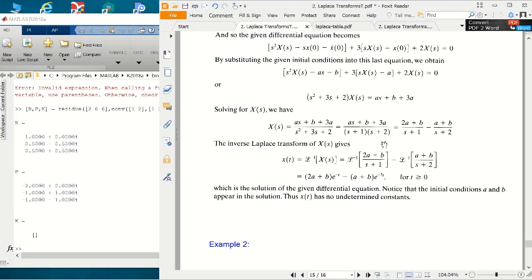Then looking at the Laplace table, you know already this is going to be the exponential term e to the power minus t, and this is just a multiplier, so just bring it over using the linearity theorem. In this part, the decay is now minus 2t because you have 2 there, so you have the exponential term and the multiplier a plus b. So this is the expression for that in time domain.